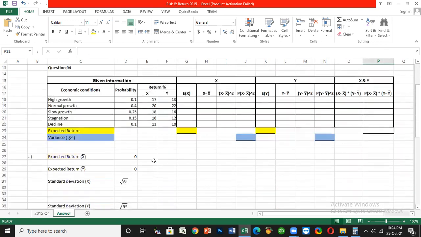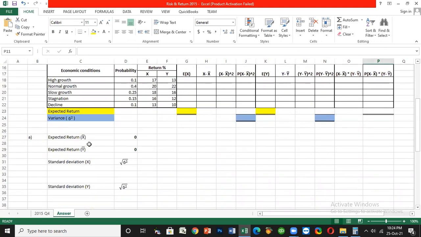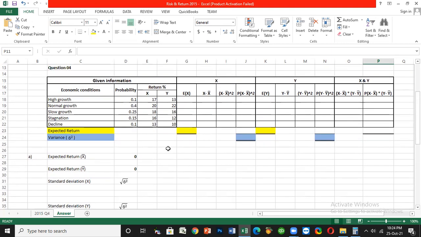First, we will calculate the expected return of X and the expected return of Y. The expected return of X: first we calculate probability multiplied by return of X. Probability 0.1 multiplied by return of X 17, so 1.7 for high growth.